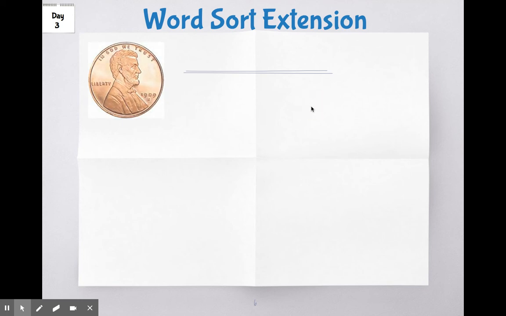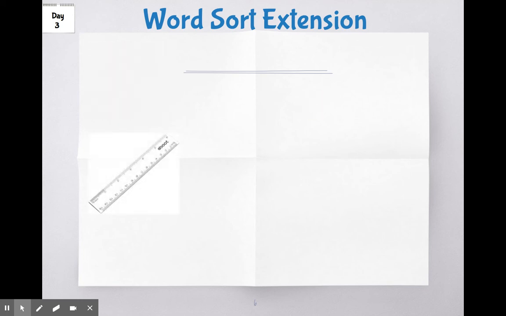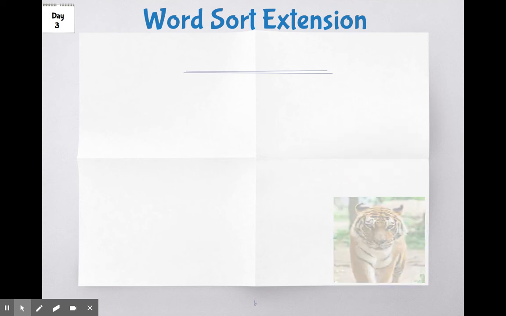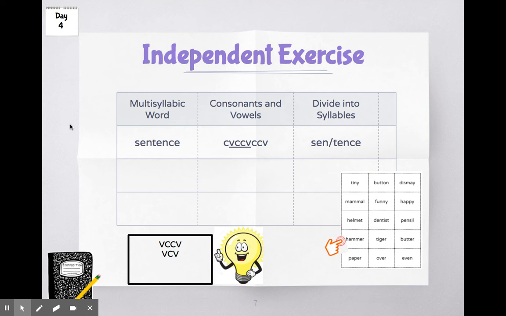You have a penny, a ruler, a button, a bunny, a hammer, a pencil, I'm not sure what that is, maybe a block, paper, and a tiger.